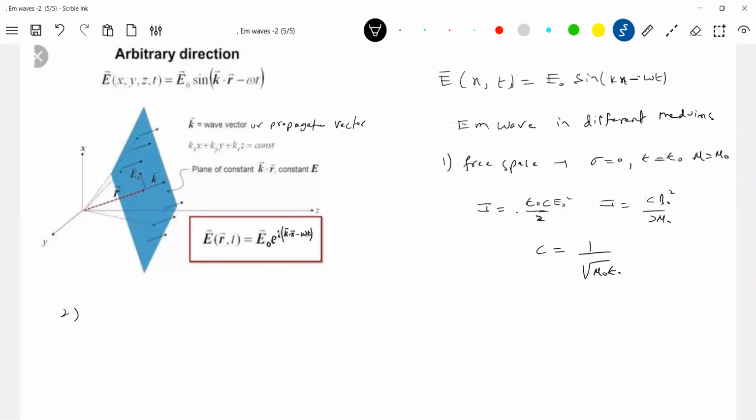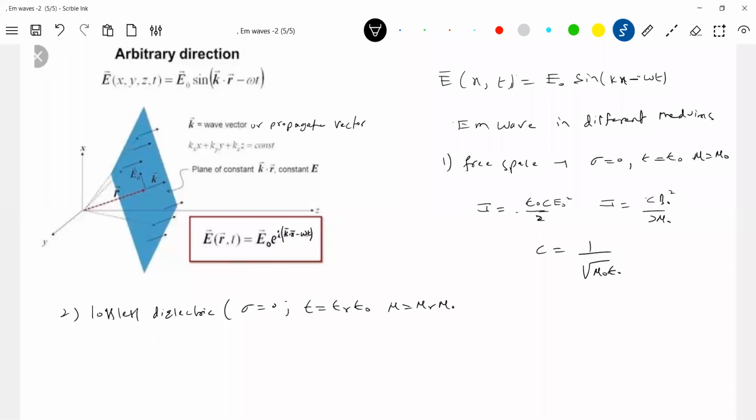Next, again, in a lossless dielectric, conductivity will be 0. Epsilon will become epsilon r epsilon naught, and mu will become mu r mu naught.